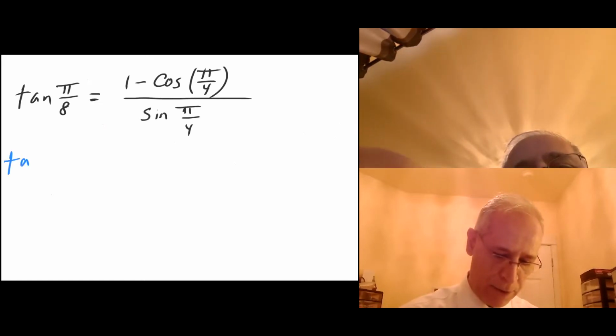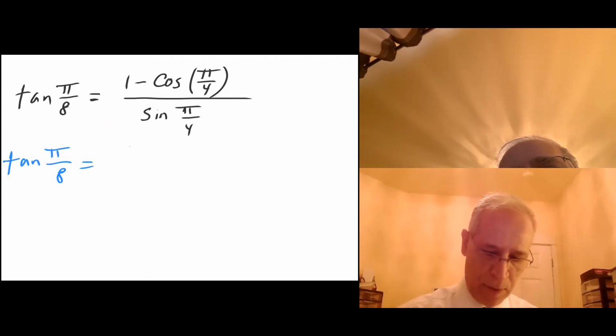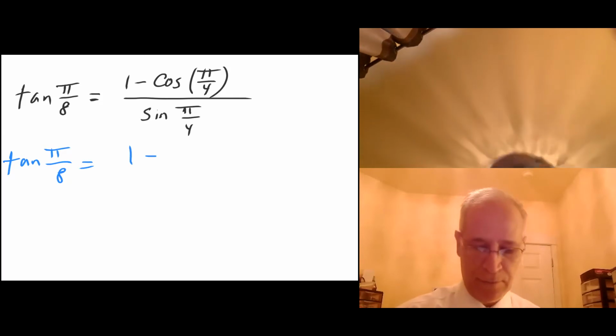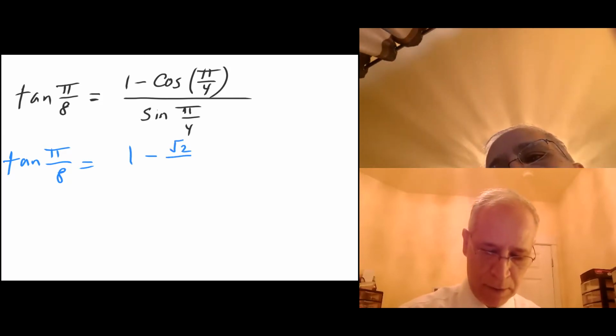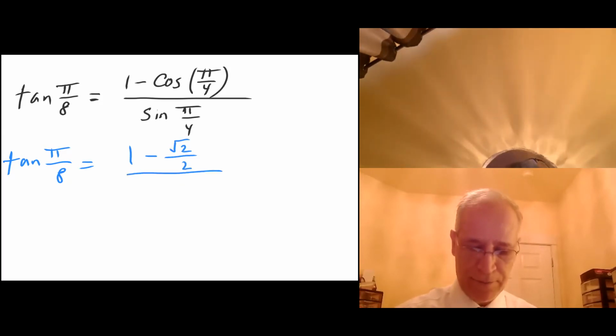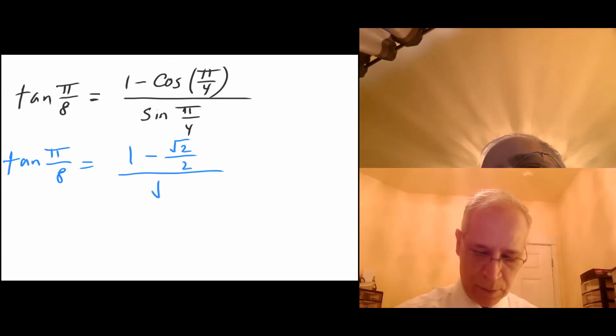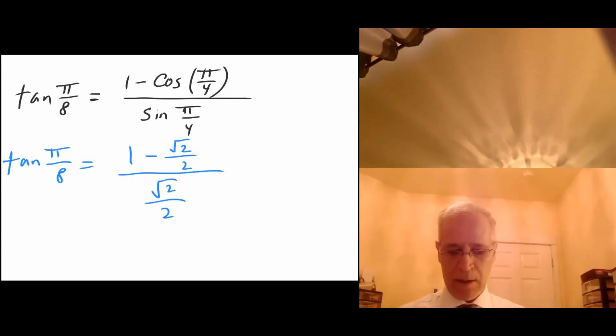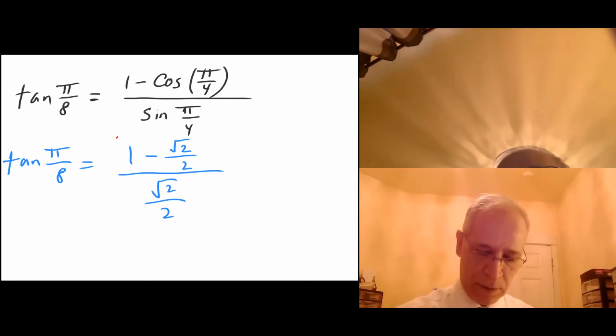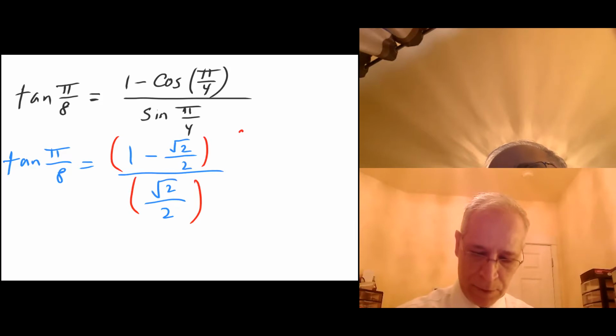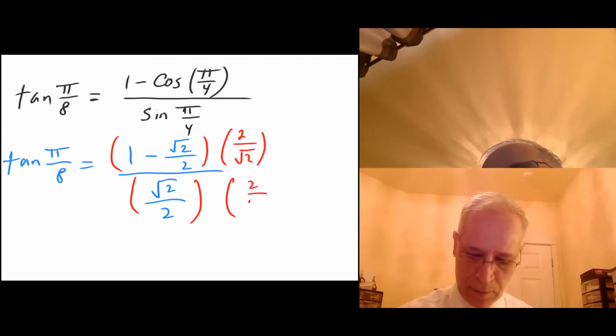So tangent of pi over 8 equals 1 minus cosine of pi over 4, which is root 2 over 2, over sine of pi over 4, which is also root 2 over 2. I'm going to multiply the top and bottom of my fraction by 2 over root 2. Do the same thing in the denominator, 2 over root 2.